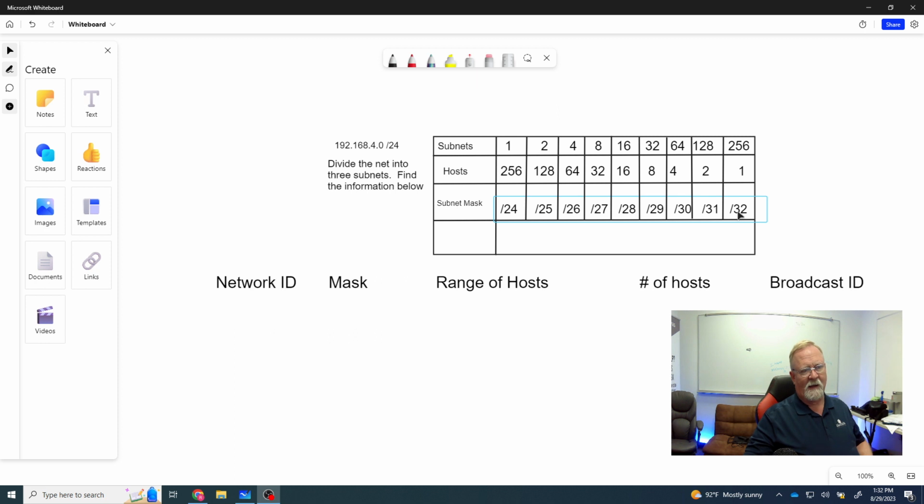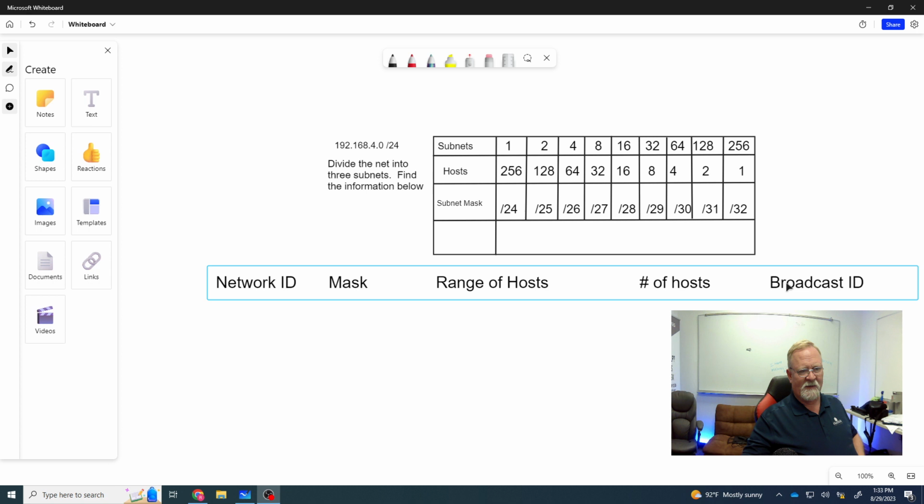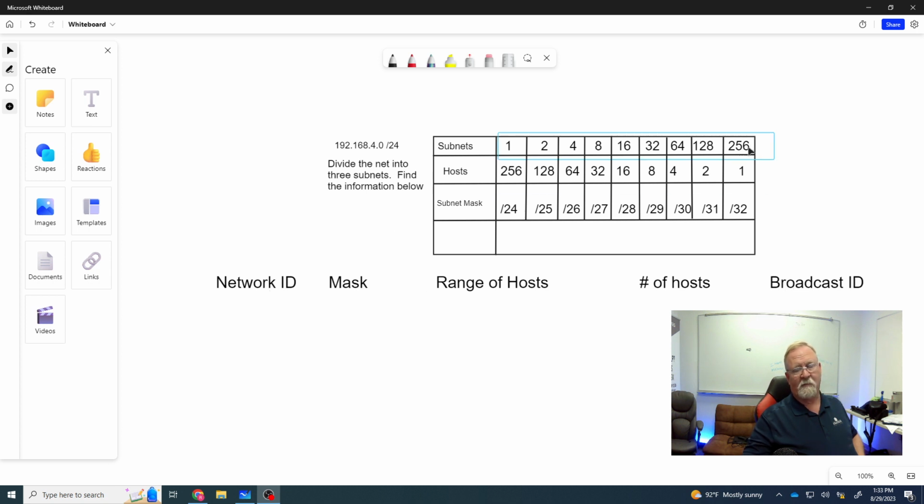That would be 256 subnets, which wouldn't be very practical because you would have basically 1 usable IP address in each one of those subnets, and that would not give you a broadcast ID and a network ID, so you couldn't really do that. In fact, you really couldn't practically divide a network into 128 pieces because you would only have 2 available IP addresses.